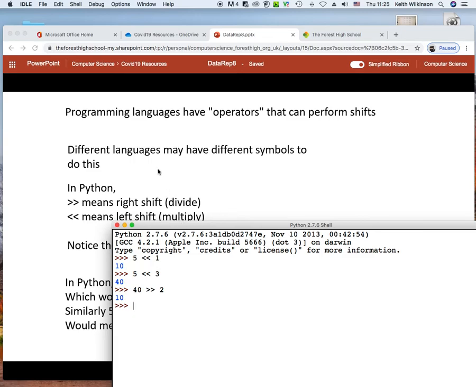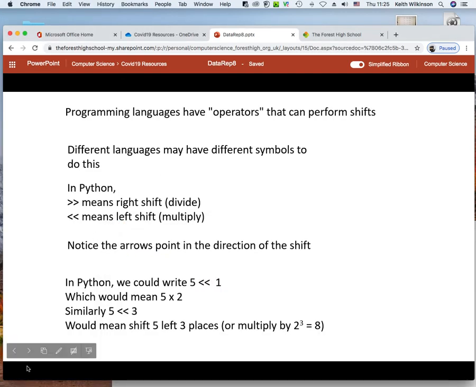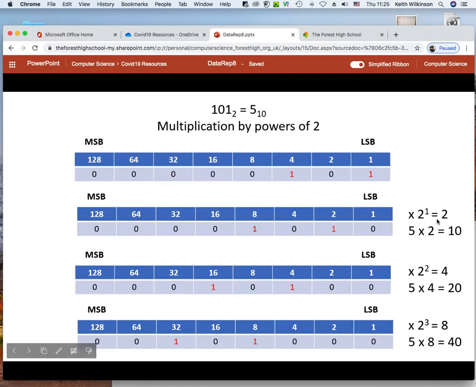Or be given a bit pattern like 101, there we go, and be given a power of 2, and note that that is the amount of places that you're going to move it, either left or right. Multiplying means go left, divide means going right. So that's the end of the maths section.